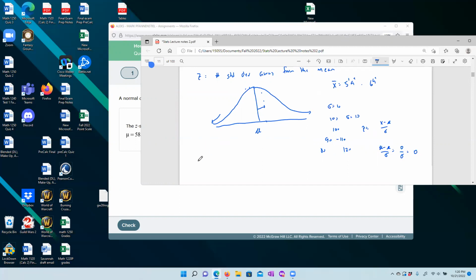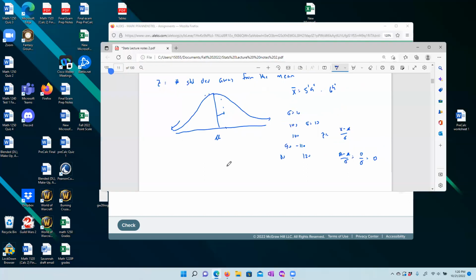But if maybe I've got a wider stride, or I'm jumping, and my standard deviation is 3, my stride is now 3 feet, then I'm talking about how many 3-foot groups I am away from the average. So that's what the z-score is trying to do: standardize this so we only have to deal with 0 and 1.